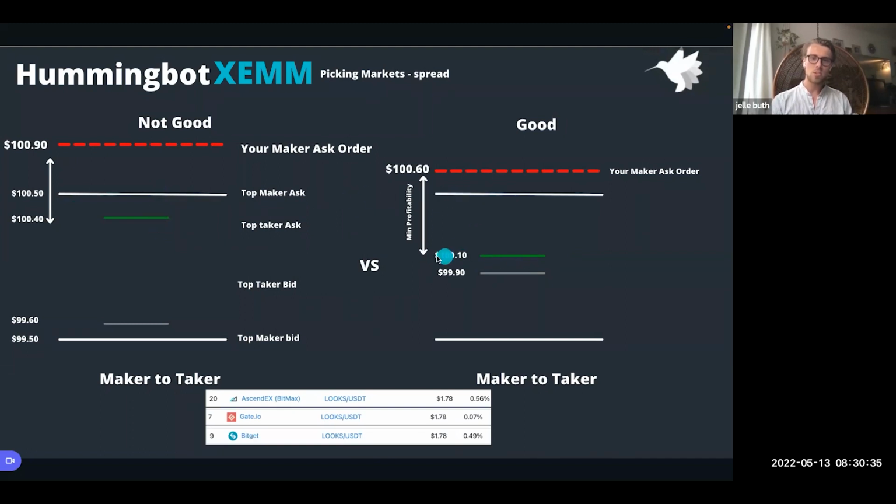If it then wants to place an order at a specific minimal profitability level away, it will place the order way closer to the mid price, which increases your liquidity mining rewards, but also increases the chance of your order being filled and you capturing a profit in that case. So if you have a wide spread on your taker exchange, generally speaking, it will result in wider spreads on your maker exchange when you place your maker orders. So generally you want to choose a maker exchange with a wide spread and a taker exchange with a tight spread.